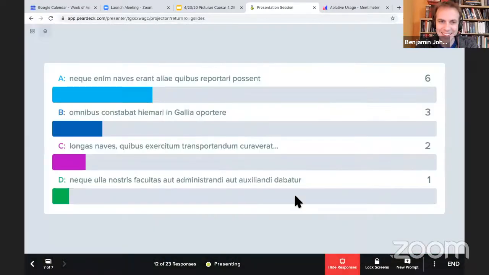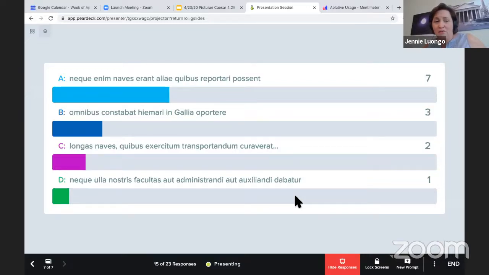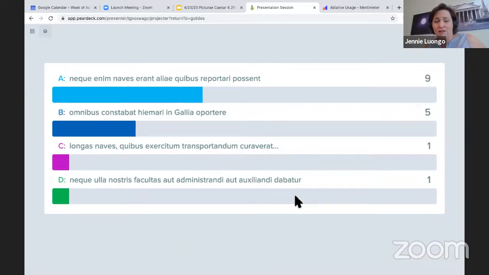All right. Let's see how we're doing. So we have enim for naves erant alii, for there were no other ships quibus by which possent they were able reportari to be carried back. So I think that was a good choice on their part.